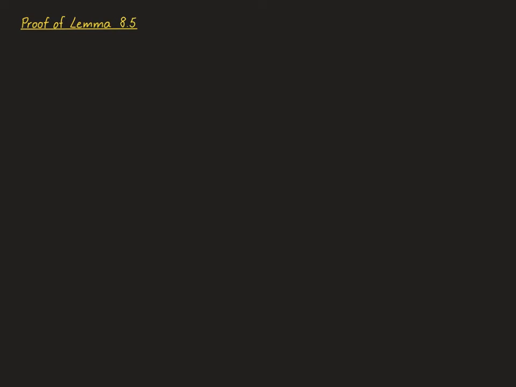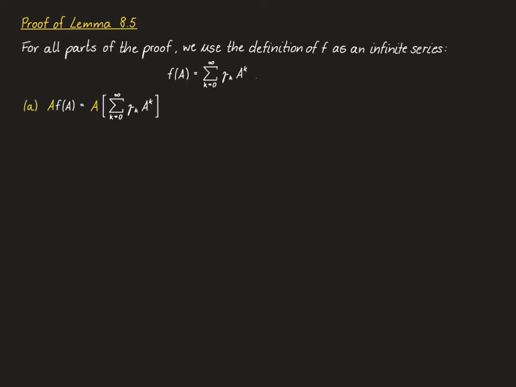Let's go quickly over the proof of lemma 8.5, as some parts are not very interesting. In fact, for all parts of the proof, we shall use the definition of f as an infinite series, meaning that there exists a sequence of scalars gamma k such that f of A can be expressed as the infinite sum from k equals 0 to infinity of gamma k times A to the k.